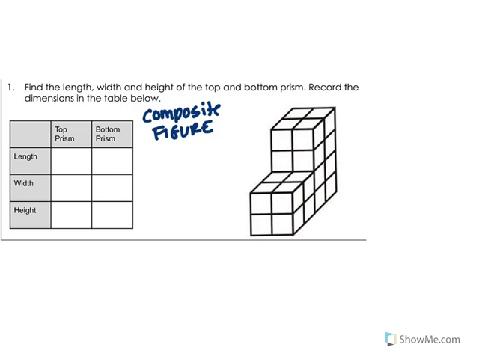A composite figure just means that the figure is composed of two or more regular prisms.